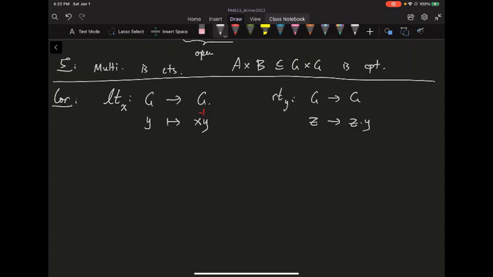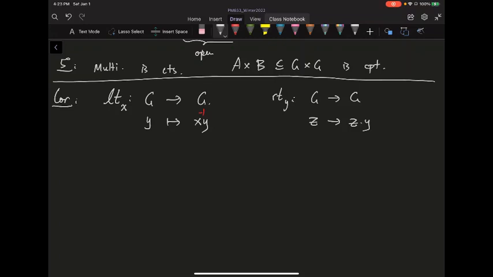Anyways, they are both translation maps. They translate this entire space. If you forget that they're not automorphisms of the group, then they're automorphisms as a space, as a topological space, and they're clearly bijective.